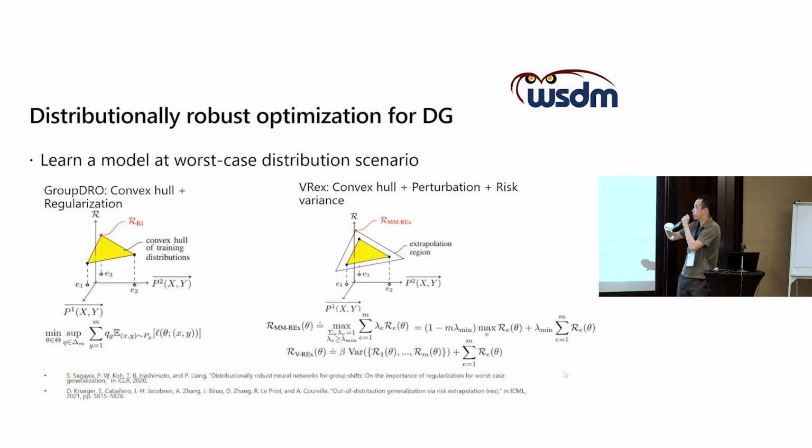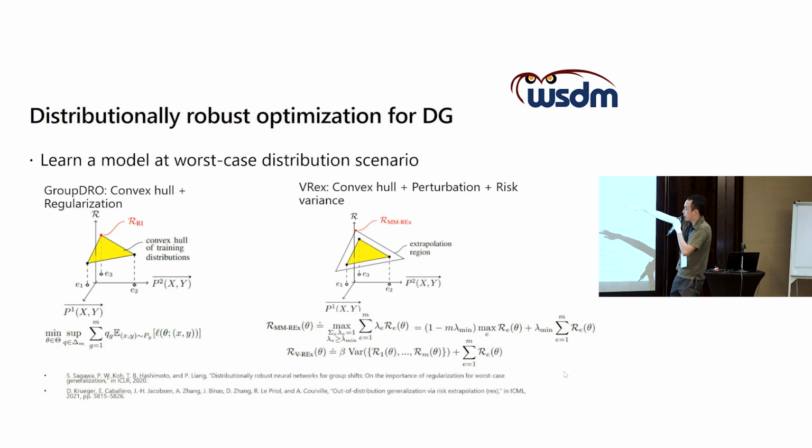So what we want to do is to build this convex hull. As such, we expect that the data can fill the holes of the manifold. By considering this convex hull combination, we expect that the feature space can be smoother, and in such a case the generalization capability can be improved.